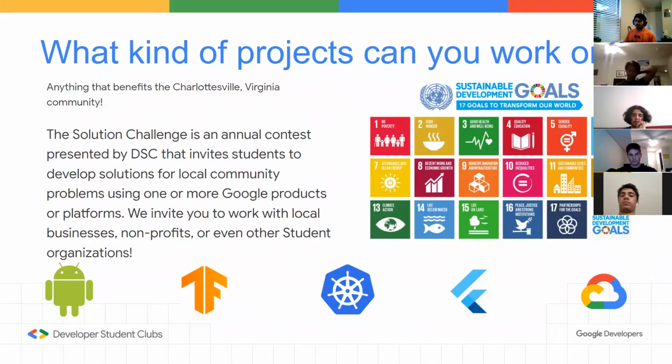If any of you have taken STS 1500, I'm pretty sure you've probably come across some of these goals or this UN Sustainable Development track or jargon. Any problem you solve, you can pretty much find a way to address one of these issues as well.